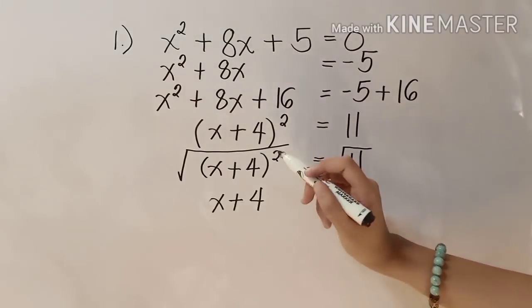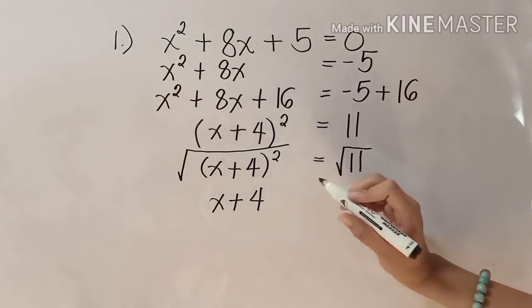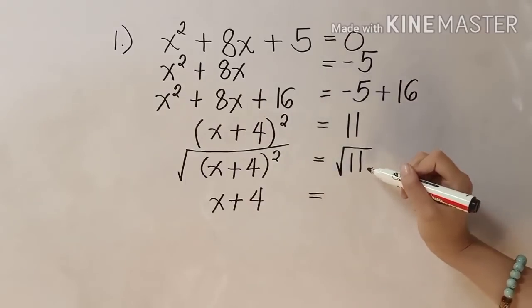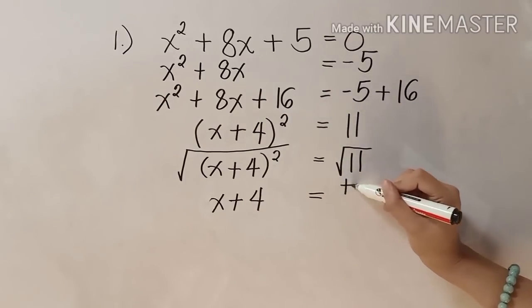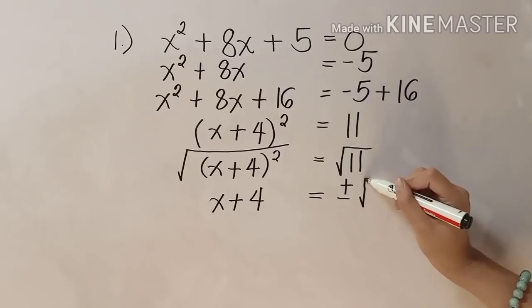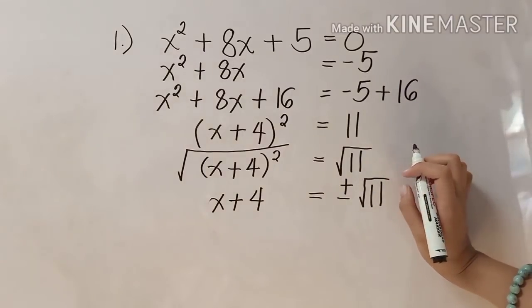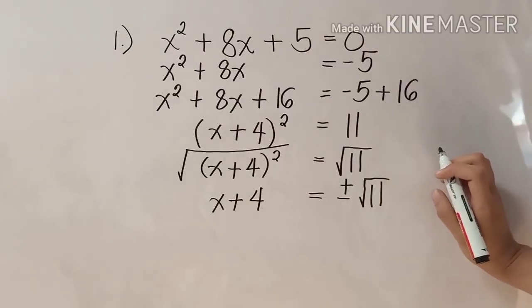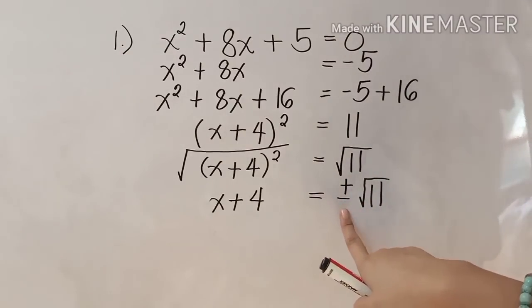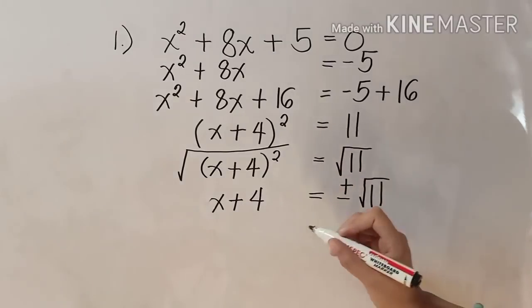We will be left with x plus 4 since the exponent and the square root will be cancelled. The square root of 11 is equals to plus or minus itself. Since 11 is not a perfect square, we'll just copy this one, but do not forget that a square root will always have a plus or minus.